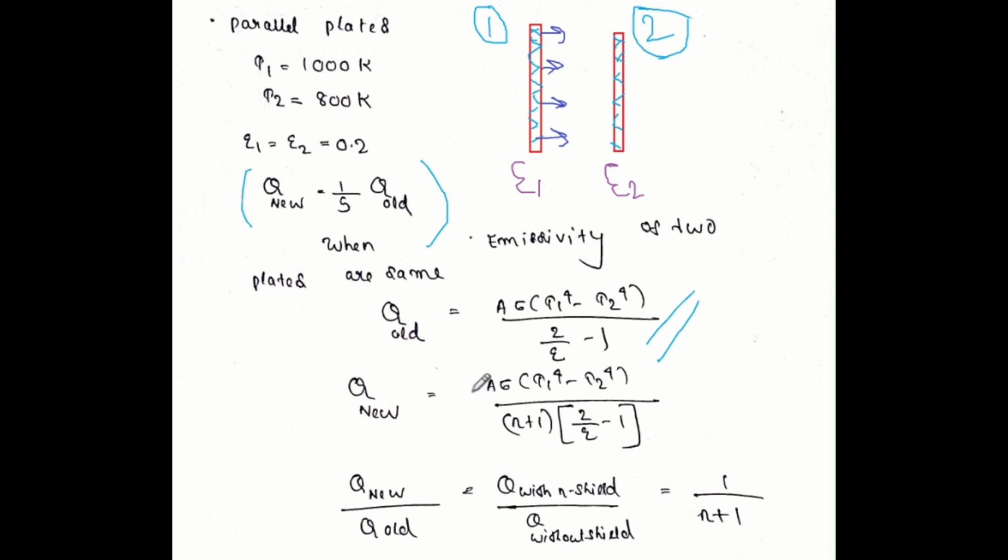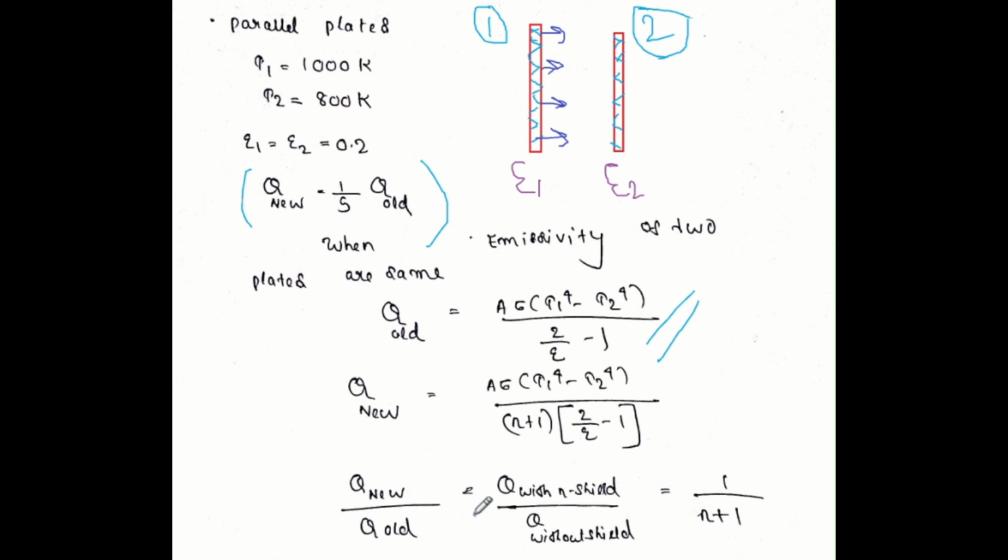If n number of plates are placed between these two parallel plates having the same emissivity, then the new equation will be this one. The only change is that the (n plus 1) term is multiplied into the denominator. So this will be the new equation when n shields are placed between the two plates.